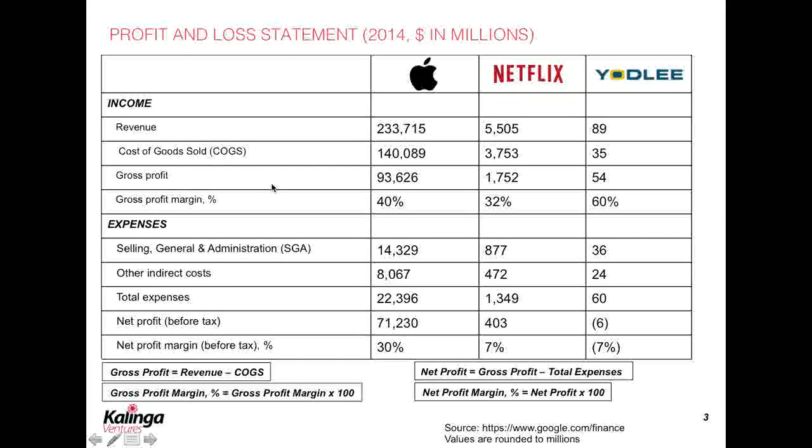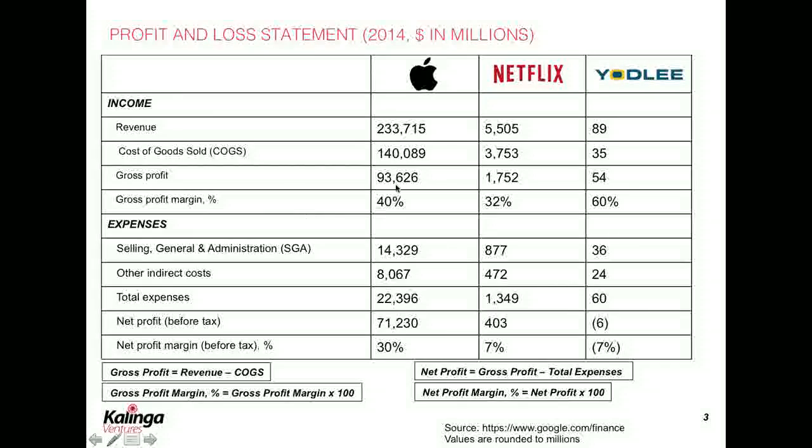So when you look at gross profit, which is revenue minus cost of goods sold, so if you take $233 billion and subtract $140 billion, you would get $93.62 billion. That is the gross profit. Similarly, you can do it for Netflix and you can do it for Yodlee.